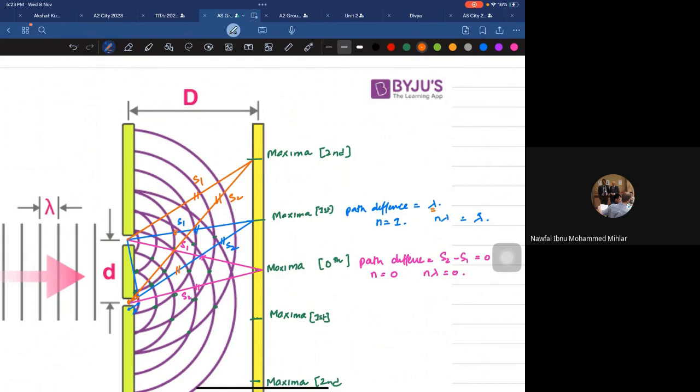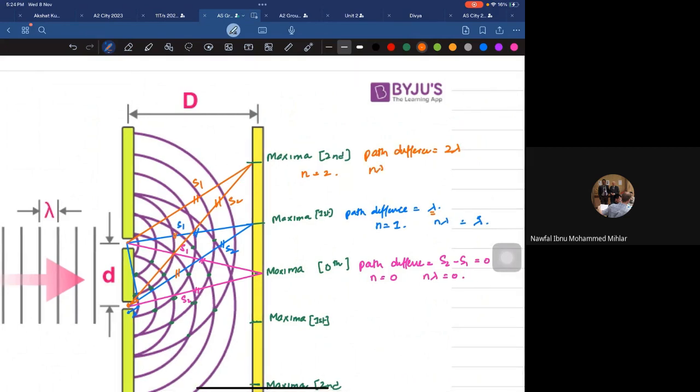Now it will be equal to 2 lambda. So the path difference here would be 2 lambda. And why is it 2 lambda? Because n is equal to 2, and n lambda can only be 2 lambda when n is equal to 2, which means that the next one will be 3 lambda, and then 4 lambda, and 5 lambda. Get it? Like that. Yes.